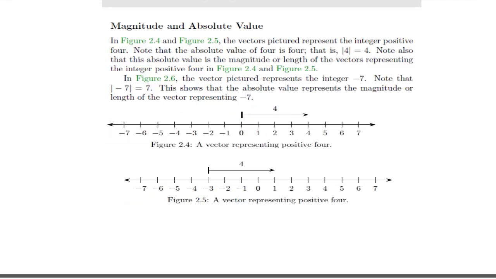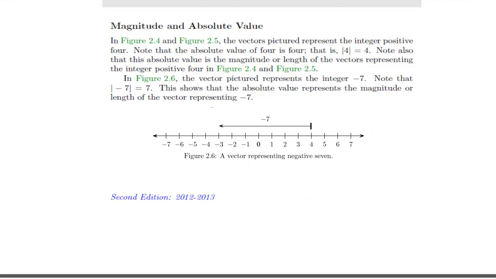Magnitude and absolute value. In Figure 2.4 and Figure 2.5, the vectors pictured represent the integer positive 4. Note that the absolute value of 4 is 4. That is, the absolute value of 4 equals 4. Note also that this absolute value is the magnitude or length of the vectors representing the integer positive 4 in Figure 2.4 and Figure 2.5.